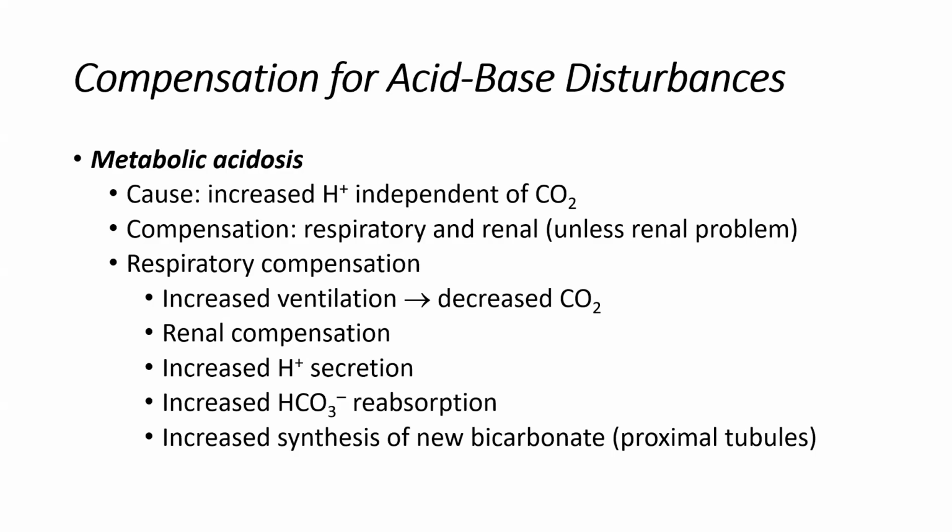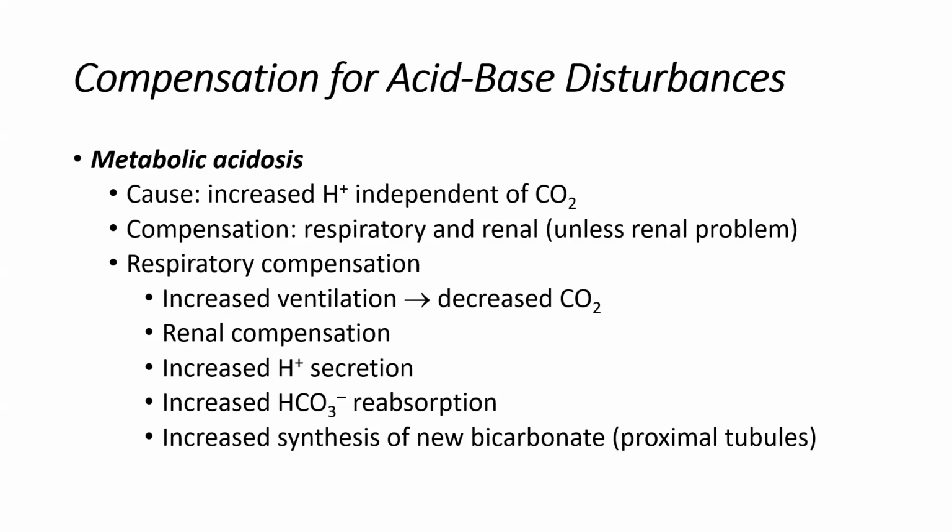Some of the things that we talked about would be if you're holding on to more acid, so if you're eating a diet in excess of proteins or a diet in excess of fats that are broken down to create excess acid, or if you are exercising quite a bit, so your muscles are burning energy and are creating lots of lactic acid, that can also be a source for metabolic acidosis.